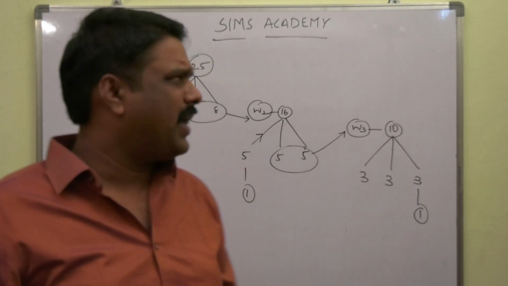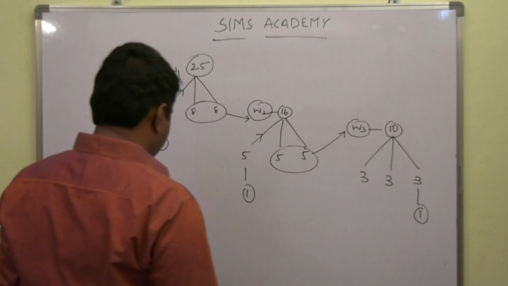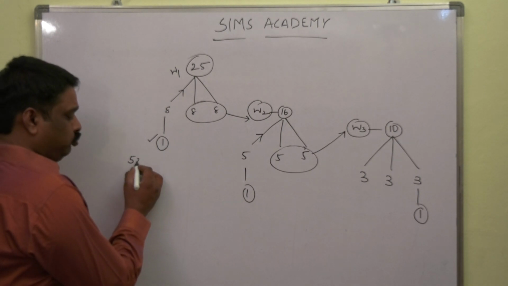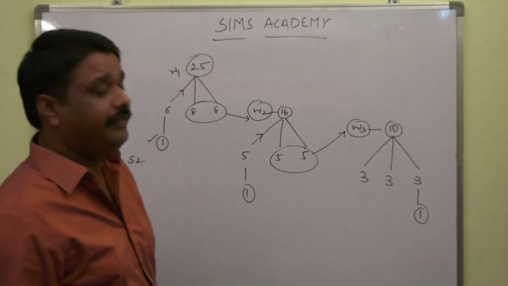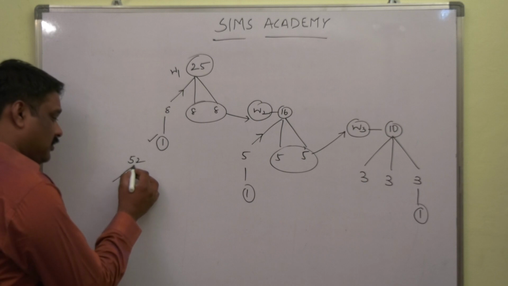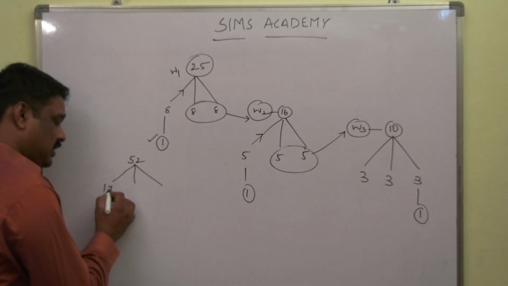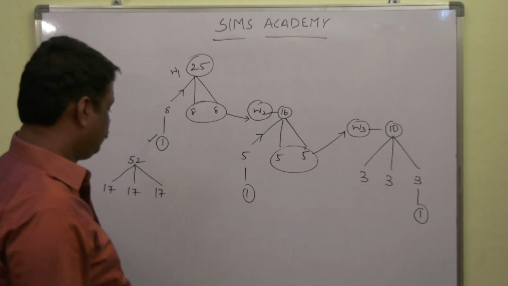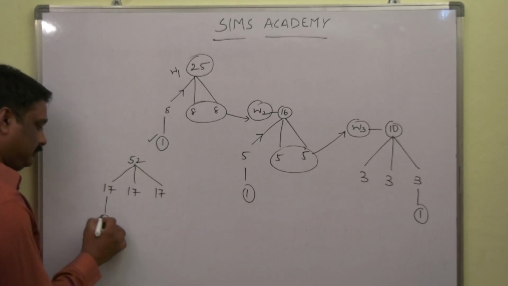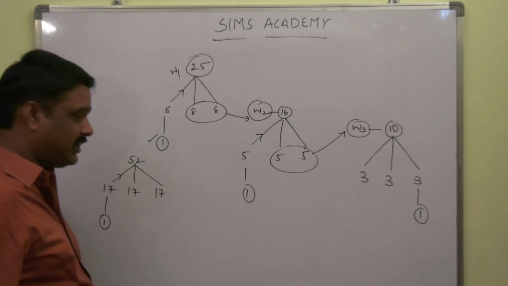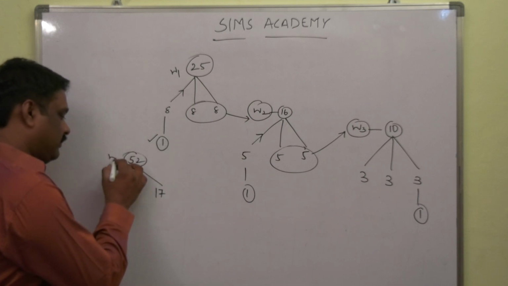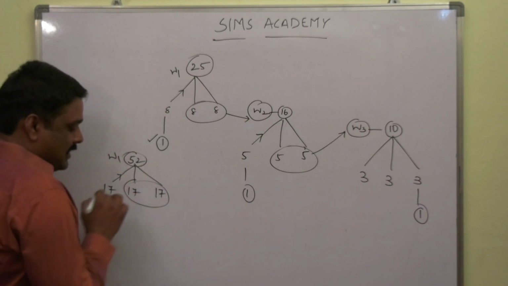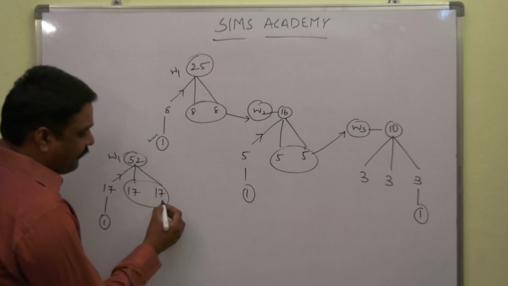Similarly, I think if you go for 52, 17 threes are 51. 1 remains. She has taken her share. Wife 1, 17, 17 again 34.